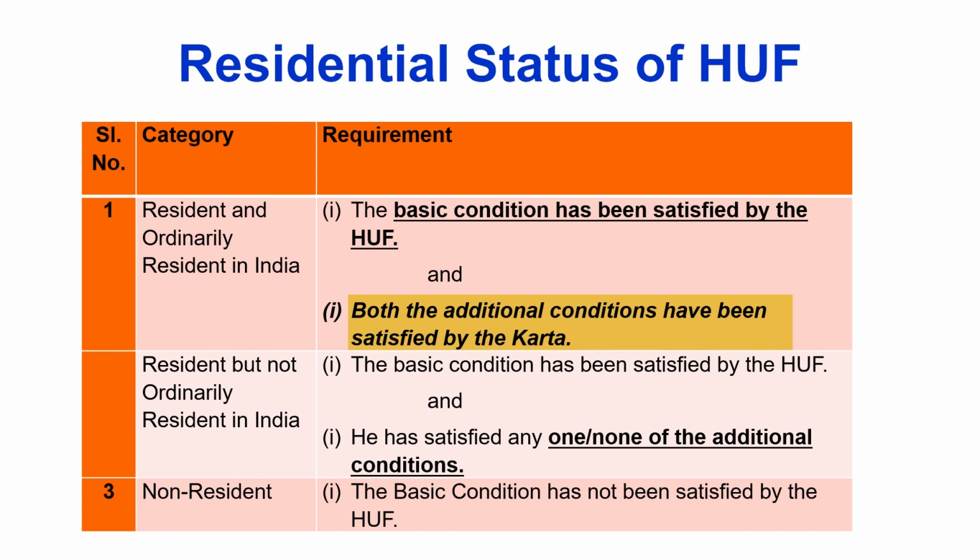Then, to be resident but not ordinarily resident in India, the basic condition has to be satisfied by the HUF, and one or none of the additional conditions is required to be satisfied.